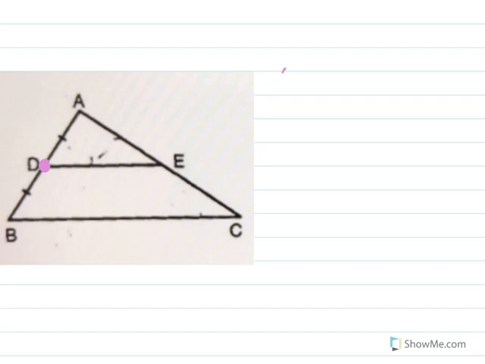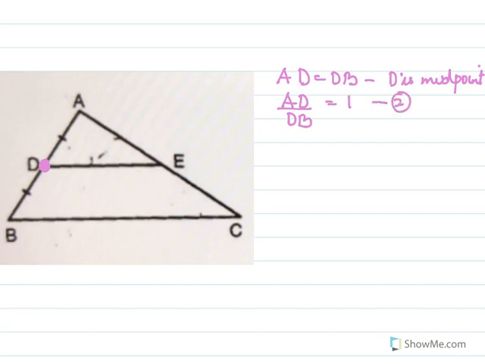Now if D is the midpoint, I can write that AD equal to DB. Reason, D is the midpoint, which means now AD over DB equal to 1. This is equation 2. Earlier in equation 1, I have shown that AD over DB is equal to AE over EC.